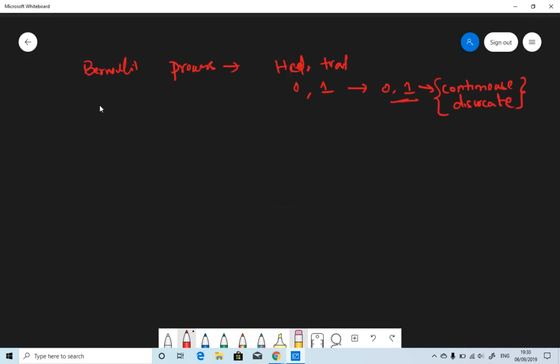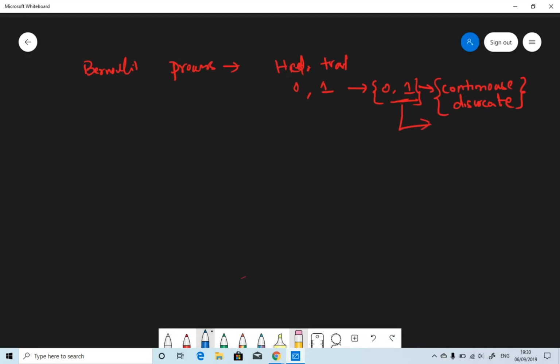Let's keep that aside. Now understand Bernoulli process. That's giving head or tail. It is say 0 or 1, right? So when it is saying 0 or 1, is it continuous or discrete?